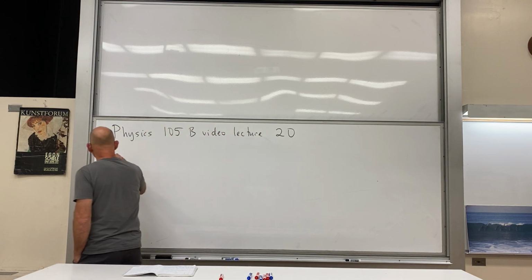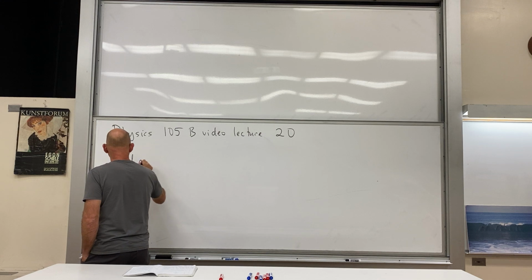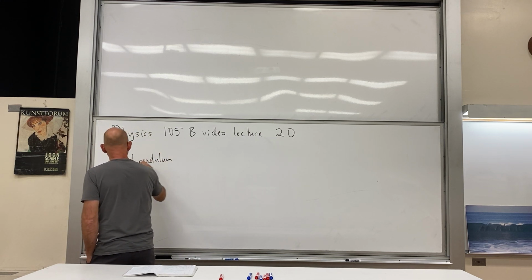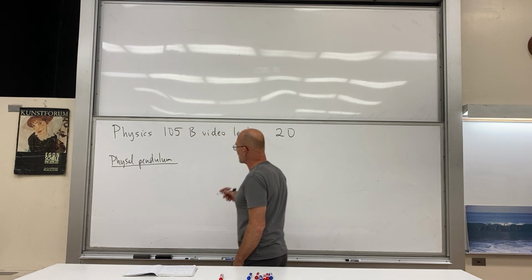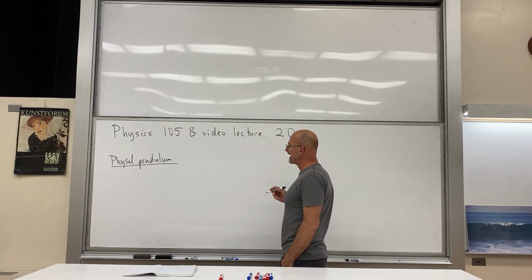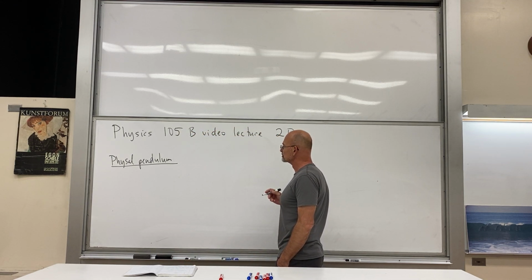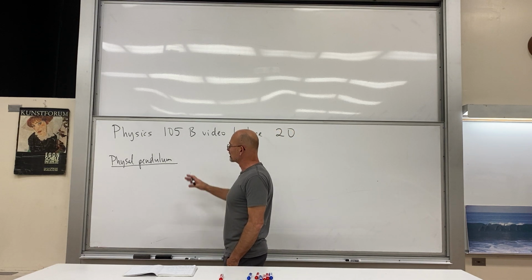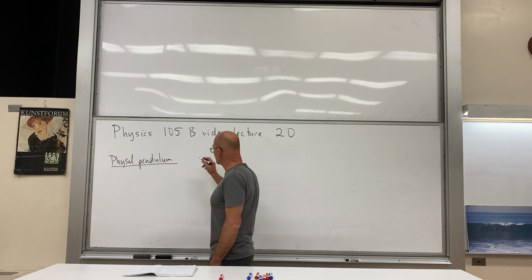So once again, as far as the physical pendulum goes, I can start it out this time with the energy and take it from there. Okay, and then we'll get the formula and so forth.